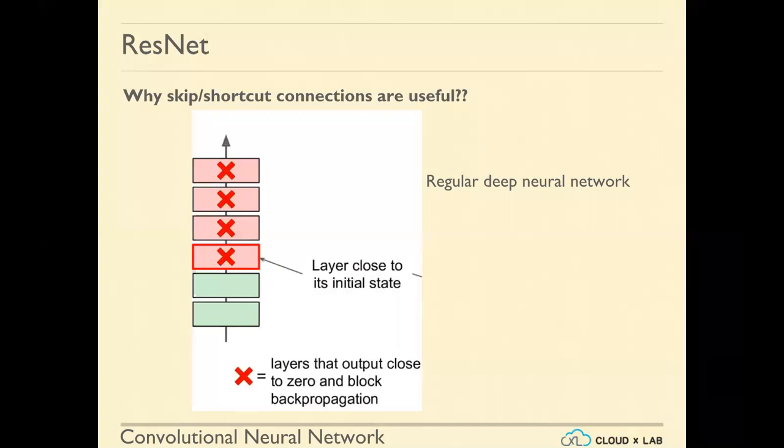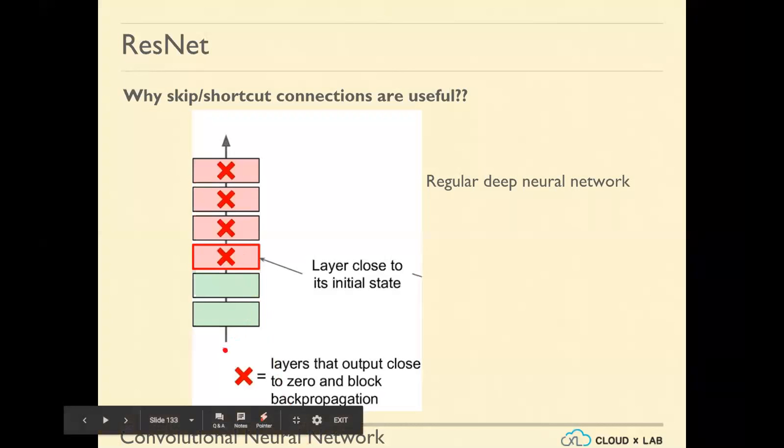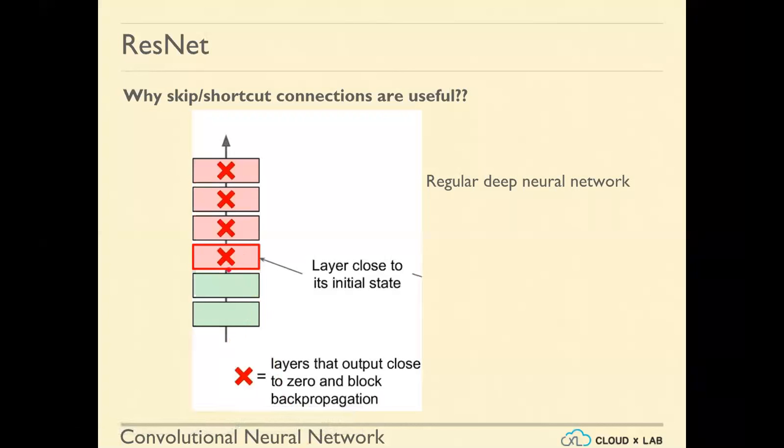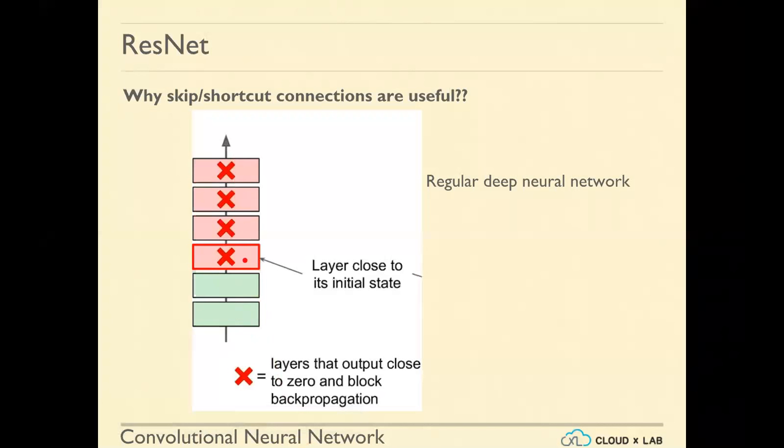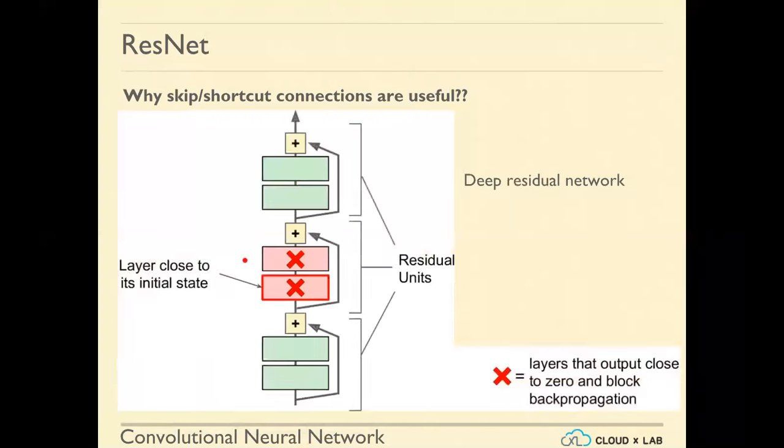So this is our regular deep neural network where we have a sequential. If there is the input this side, the layers that output close to zero are more. After a point of time, the signal dies down, and therefore we need the skip connections.